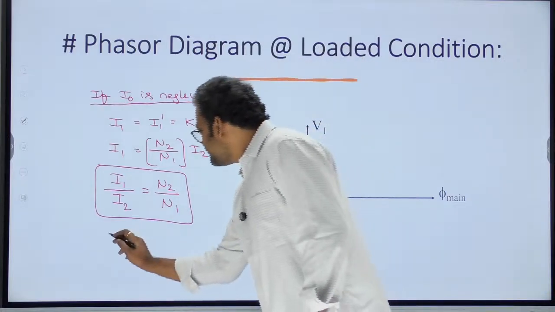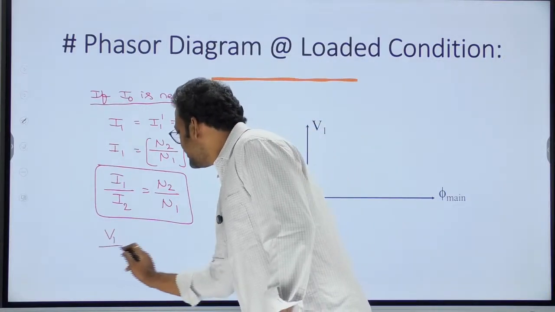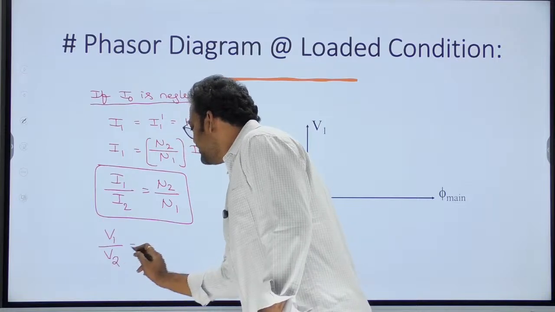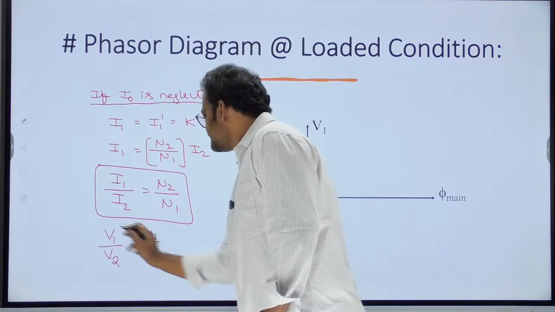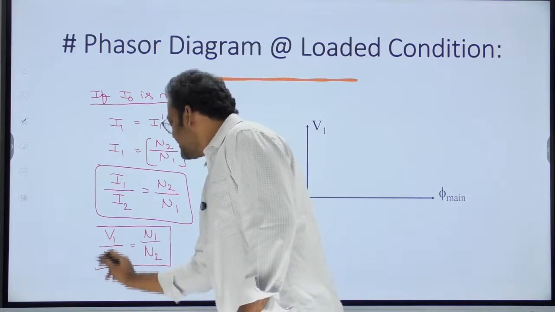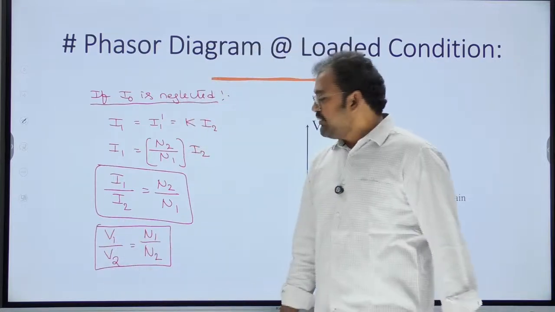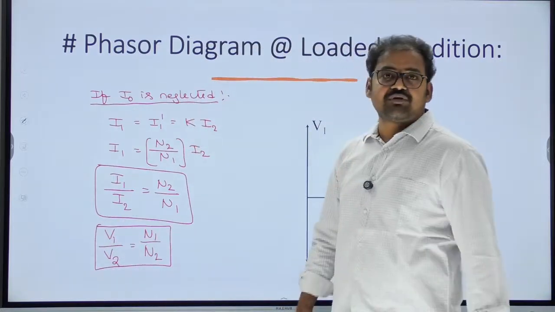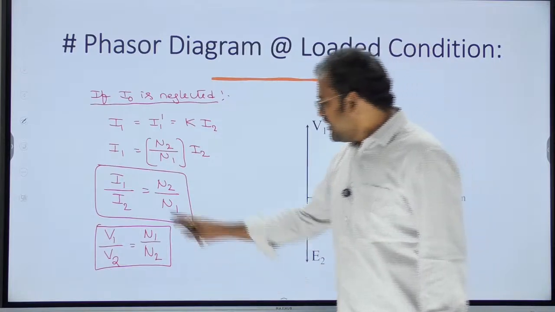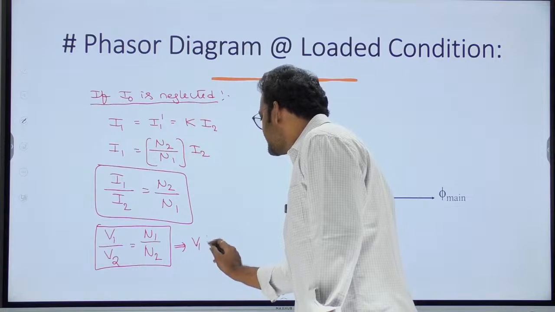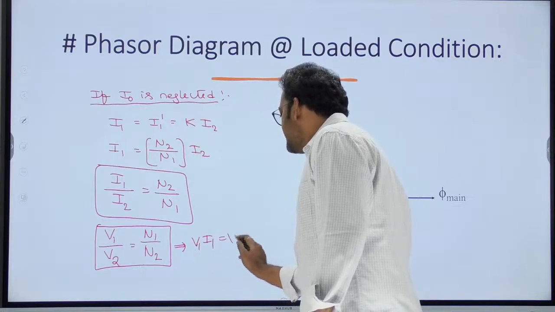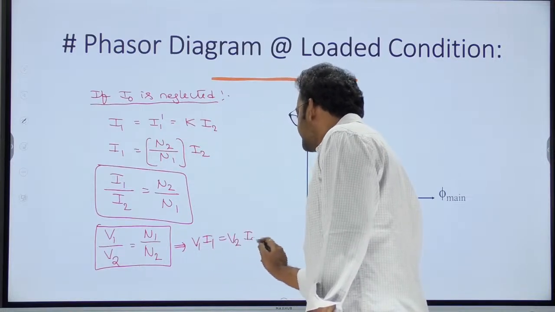Whereas the voltage ratio, as we discussed earlier in the voltage equations, V1 by V2 or E1 by E2, is equal to N1 by N2. So the voltage ratio was directly proportional to the turns ratio, but the current ratio was inversely proportional to the turns ratio. And if you combine both of them, you get one more equation, that is V1 I1 is equal to V2 I2.